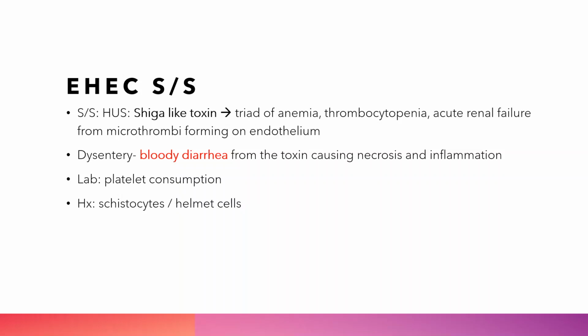And you start seeing schistocytes, known as helmet cells, which are an indication that there is E. coli going on. The histology is very important because we do see schistocytes and helmet cells a lot later when we go over hematology histology. So just remember here that with enterohemorrhagic E. coli, we do see schistocytes.